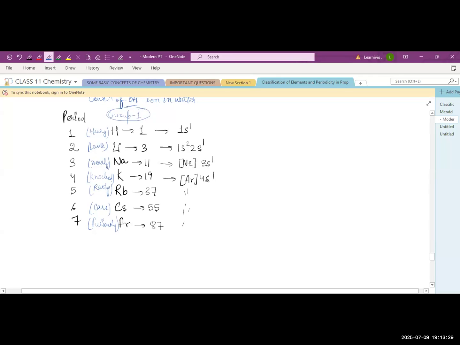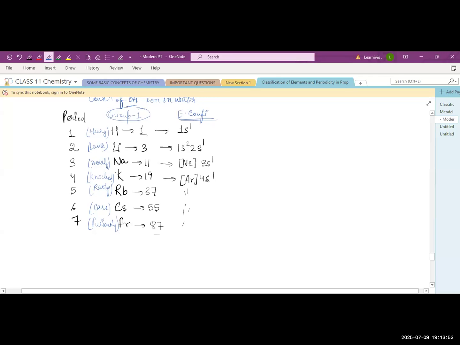Now I'm writing the electronic configuration. We know the atomic number of hydrogen is 1, lithium is 3, sodium is 11, potassium is 19, rubidium is 37, cesium is 55, and francium is 87.